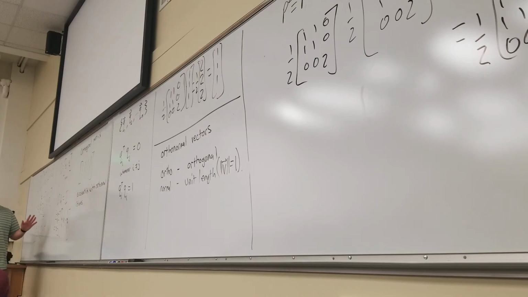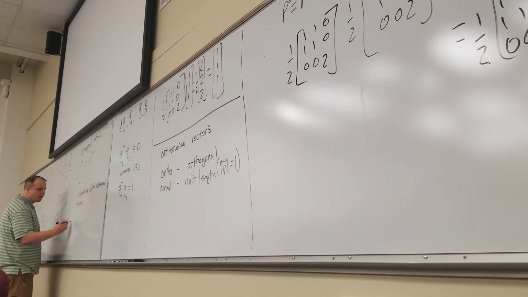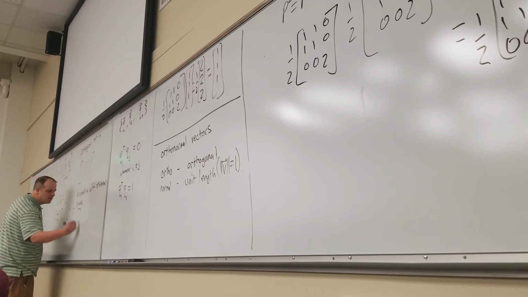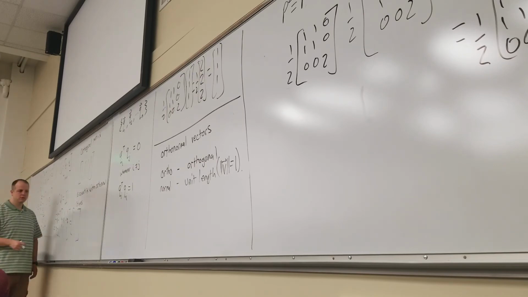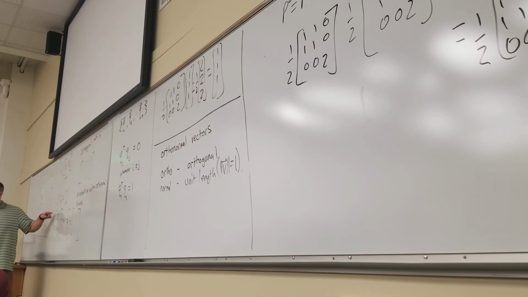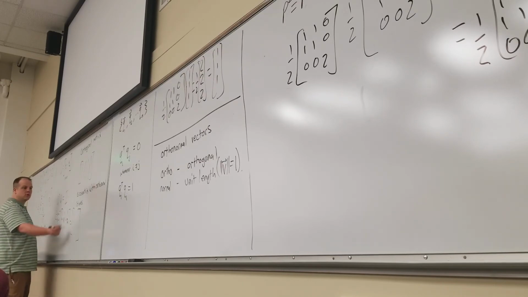Okay, so what's going to happen? Let's think about the dot product method of matrix multiplication. Does that seem fair? So if I want the 1-1 entry, I have to do row 1 dotted with column 1, right? Q1 dotted Q1 is 1.